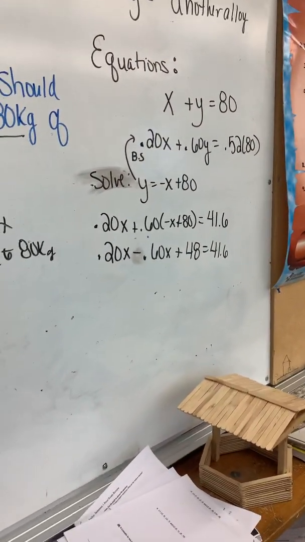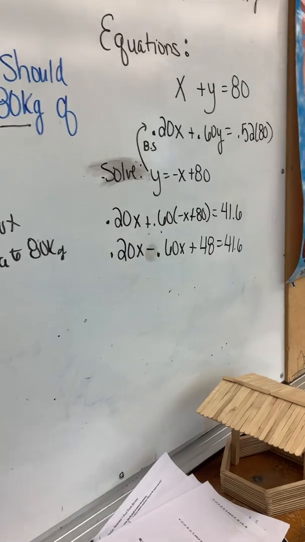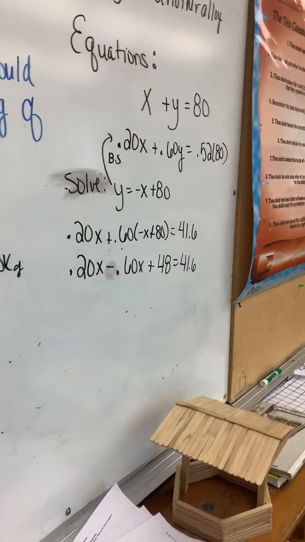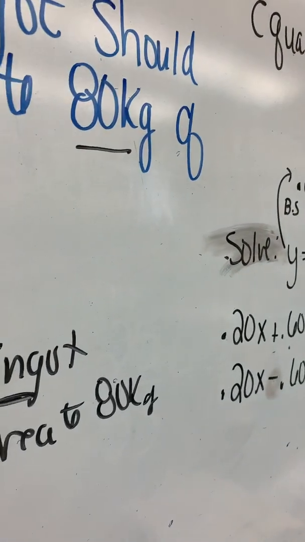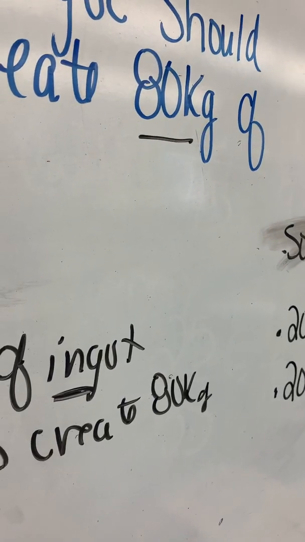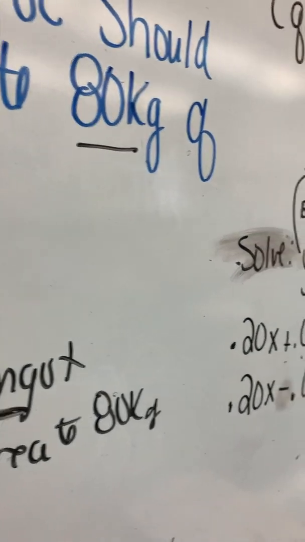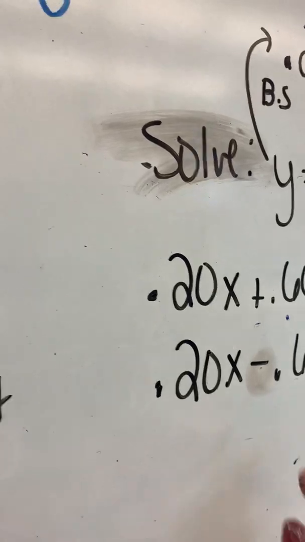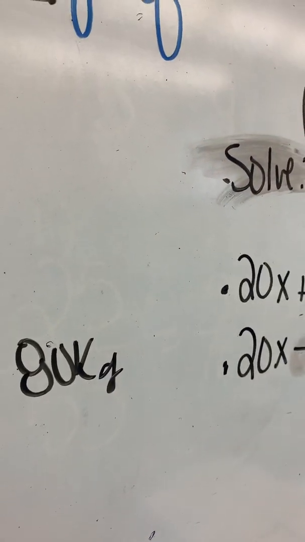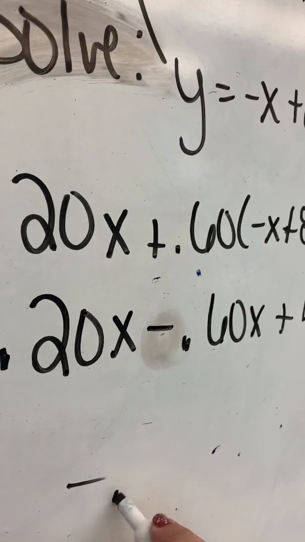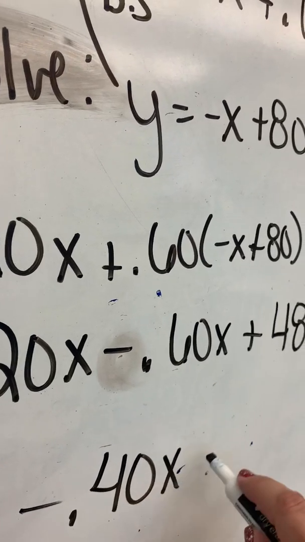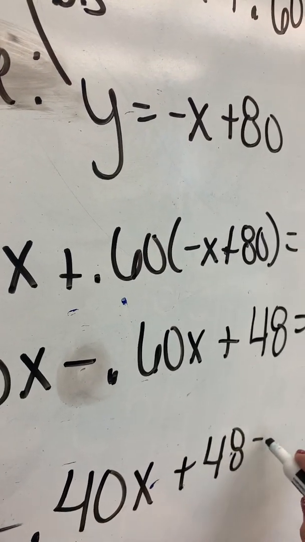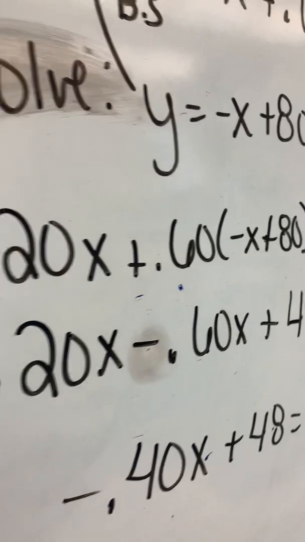What's my next step? On that side, combine like terms. So what is 0.20 minus 0.60? Okay. Negative 0.40x plus 48 equals 41.6.